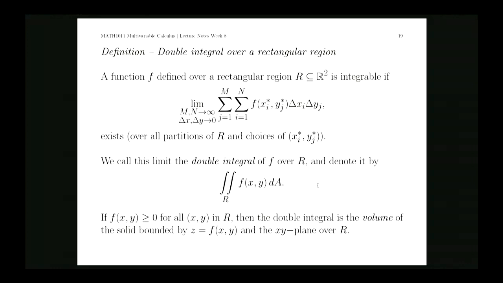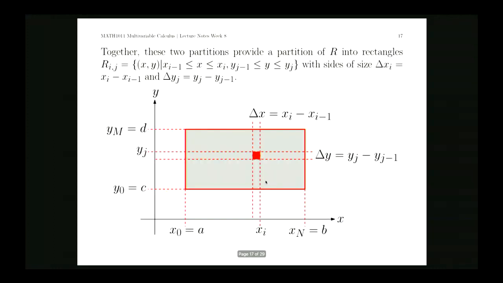Find the double integral of the function f of x and y over the region r in the xy plane with respect to an area element, which is either dx times dy or dy times dx, because it makes no difference. Right? So this thing here is the area element. So basically it's one of these little squares, right?